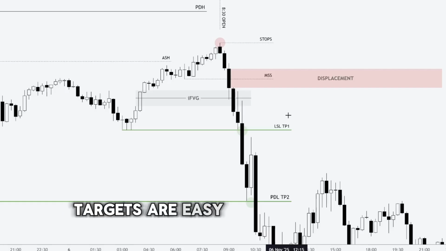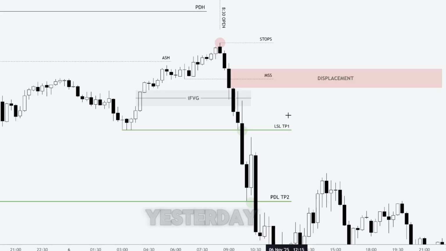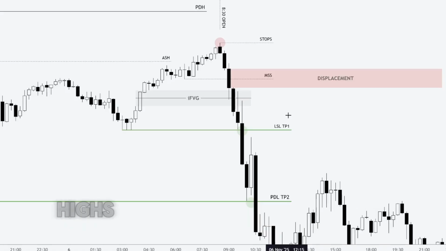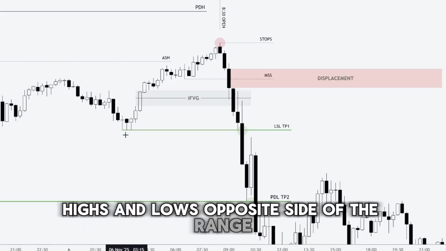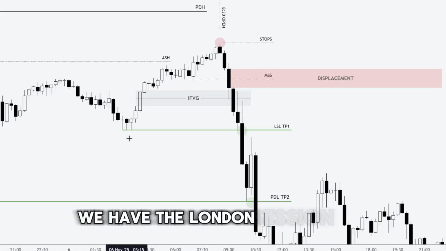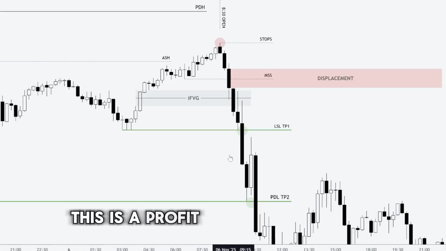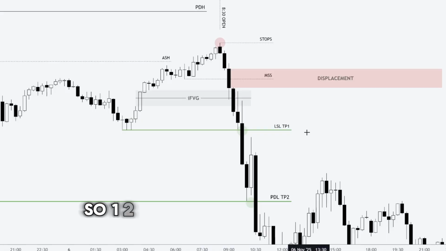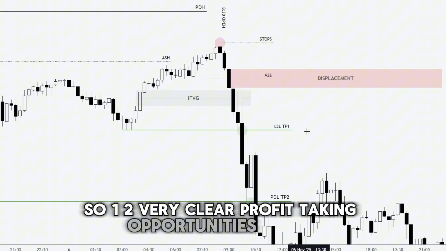Targets are easy. Target the next liquidity pool, yesterday high and low, session high and lows, equal highs and lows, opposite side of the range. Looking at our example, here we have the London session low. This is a profit-taking opportunity, and so is a previous day low. So, one, two, very clear profit-taking opportunities for us.